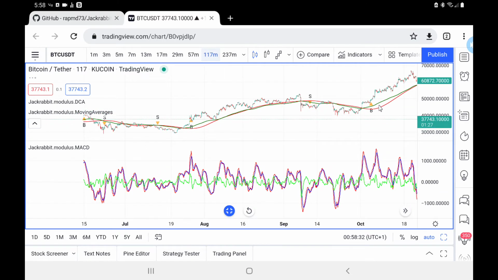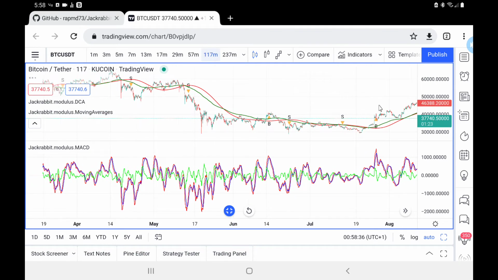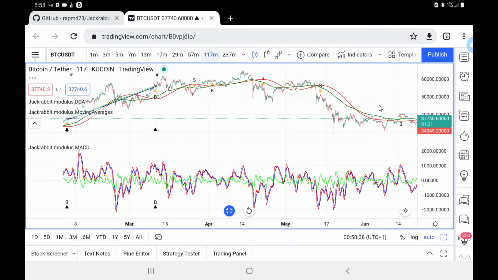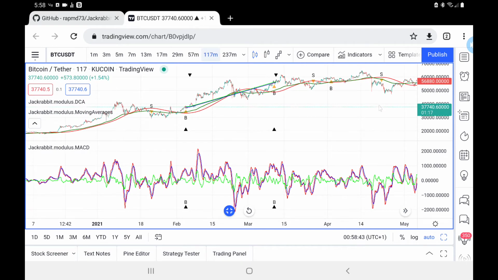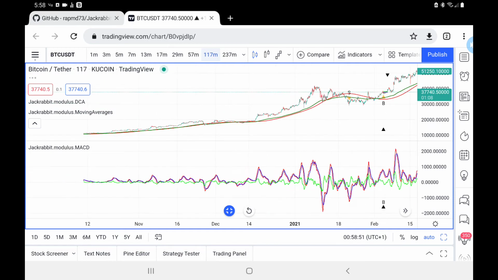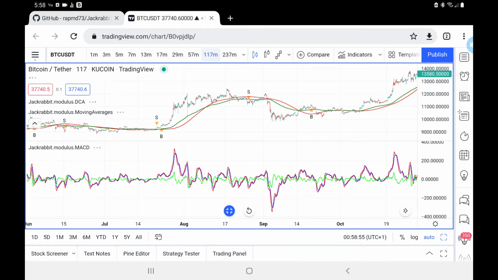Let's go see where this got its trades in. Here we go. Looks like February and March were quite profitable. But that's it for the whole year. It wasn't into the market except for last year.